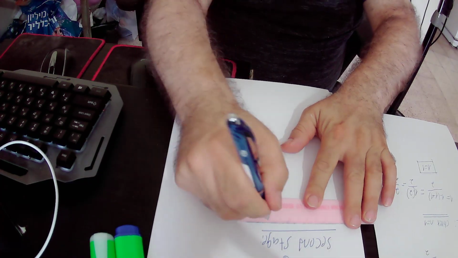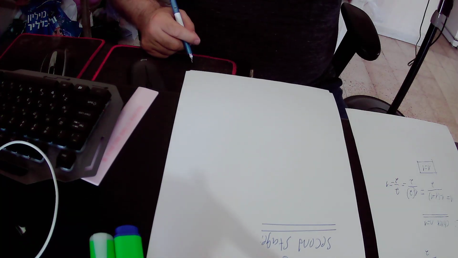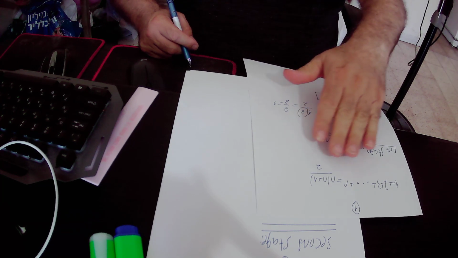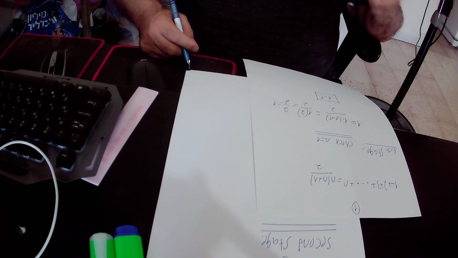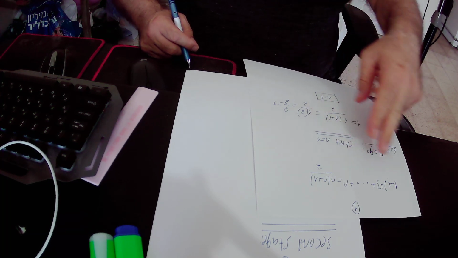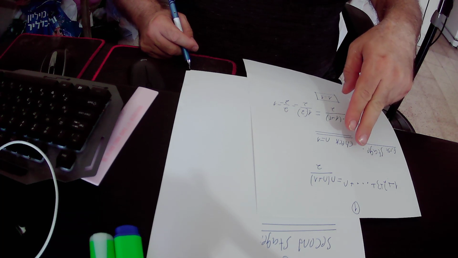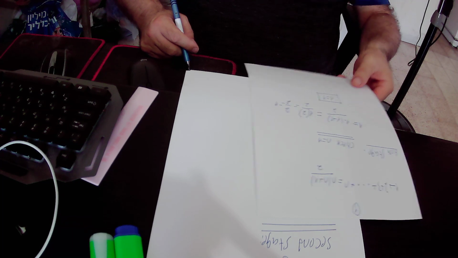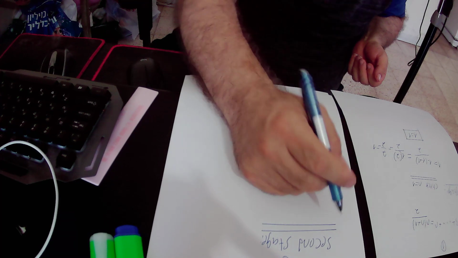In the second stage, as I already told you, we will assume that this statement is true for n, and relying on this assumption, we will prove that it's also true for n plus 1. So we will create here two equations.